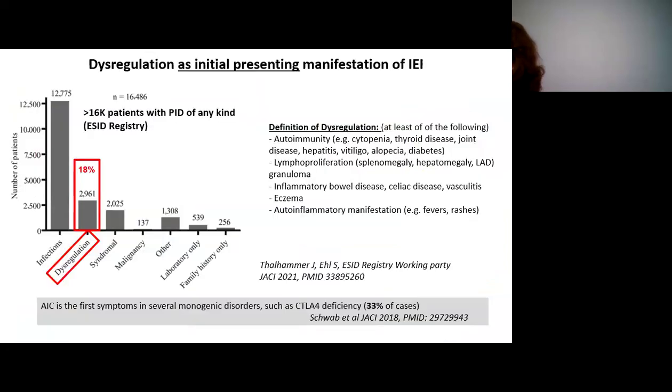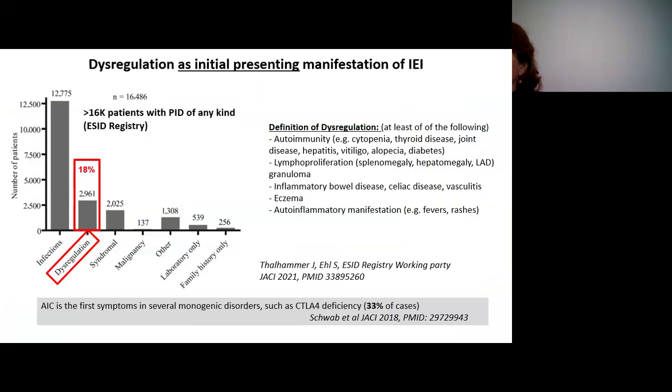What we also learned from a very strong European cohort of 16,000 patients, when they looked at this registry of all comers with immune disorders, is that the second most common initial presenting manifestation of inborn errors of immunity was dysregulation. How they defined dysregulation was very specific.